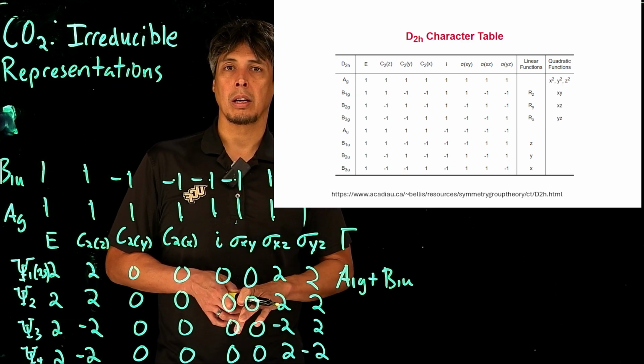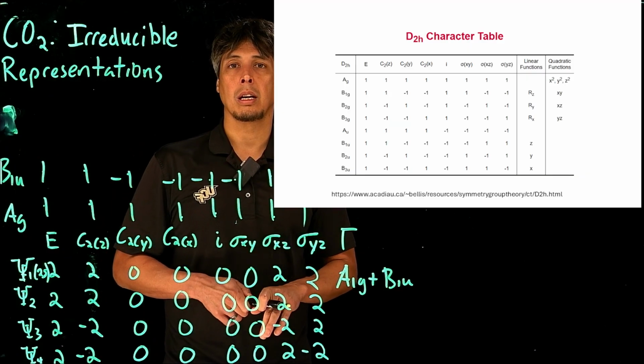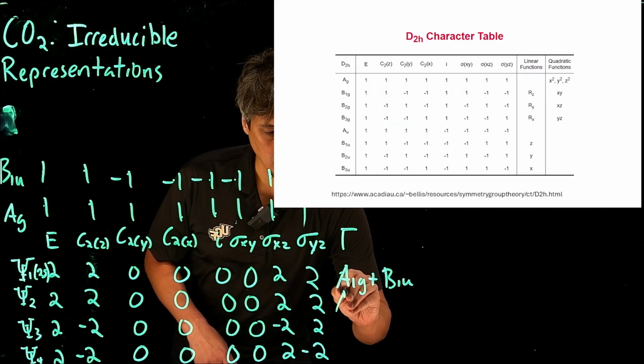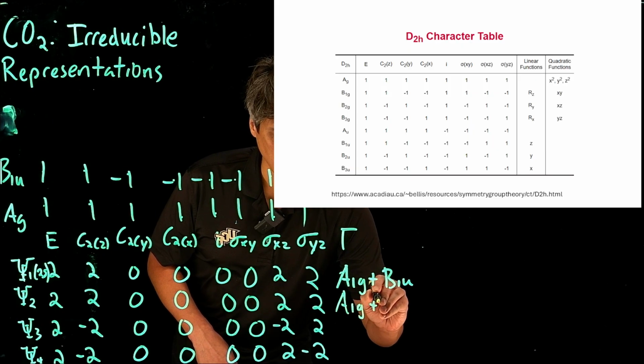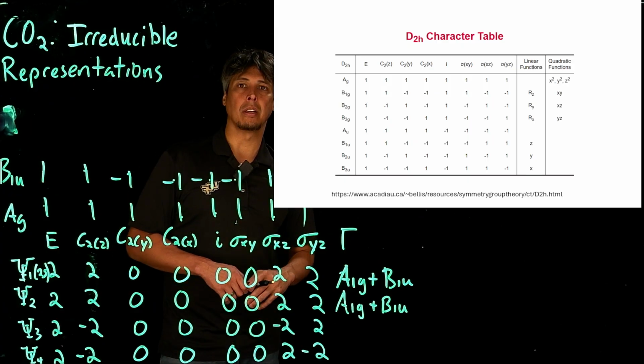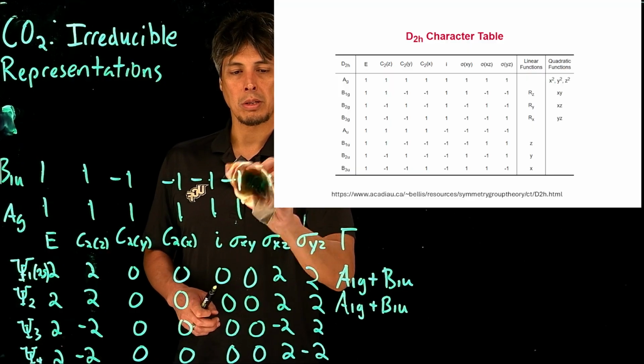The second wave function, C2, which was generated from the 2pz atomic orbitals, has the same reducible representation, and so we expect it to also be the same combination of irreducible representations.